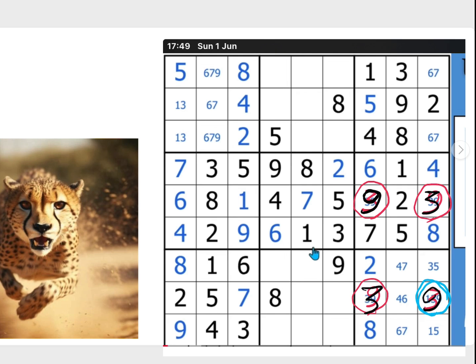If those numbers are correct, my Sudoku would have two answers, and that is not possible. And actually this is the key for solving our Sudoku.